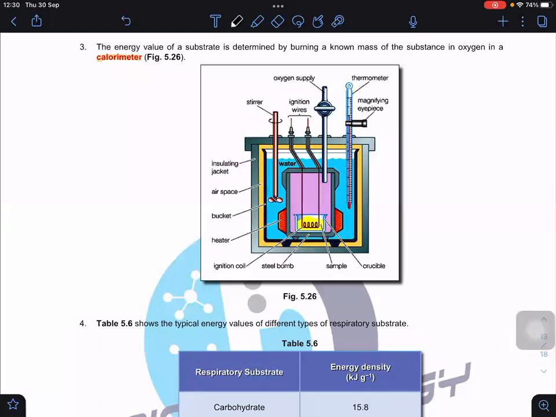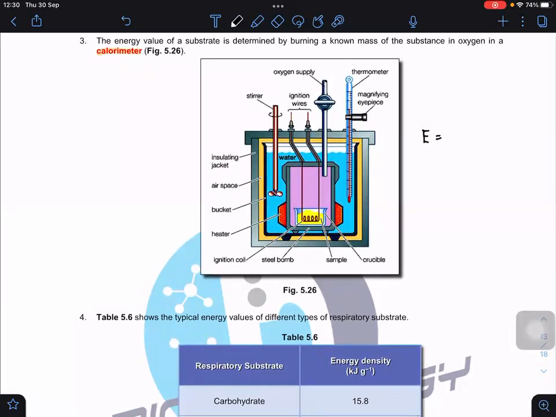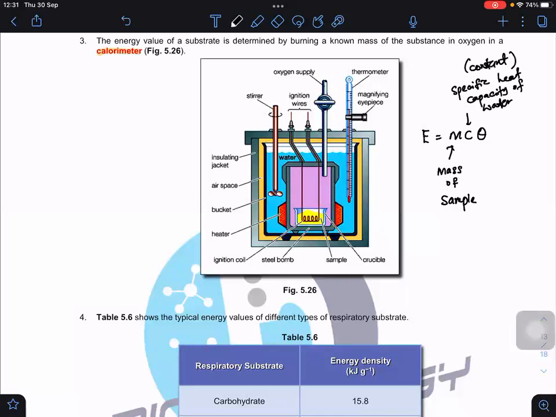So the energy released can be calculated by mcθ. M stands for the mass of the sample we put in. c is the specific heat capacity of water, which is a constant. And θ is the increase or change in temperature.